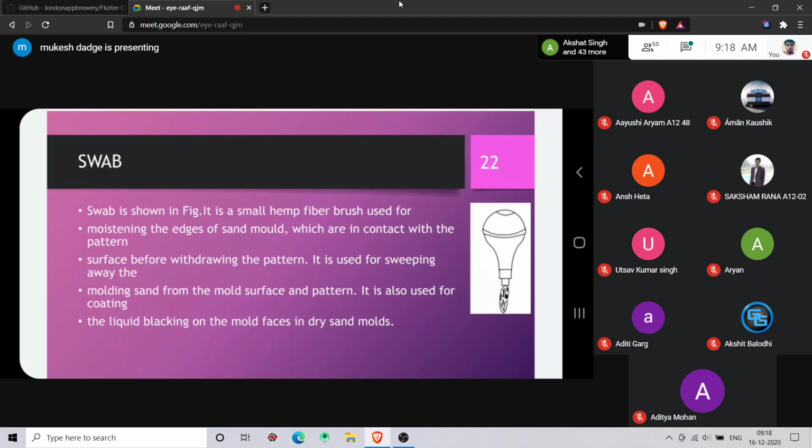If there is some critical area and water content is less in that mold, or maybe your molten metal is less in that area, you want to add manually, so swab is used for that one.